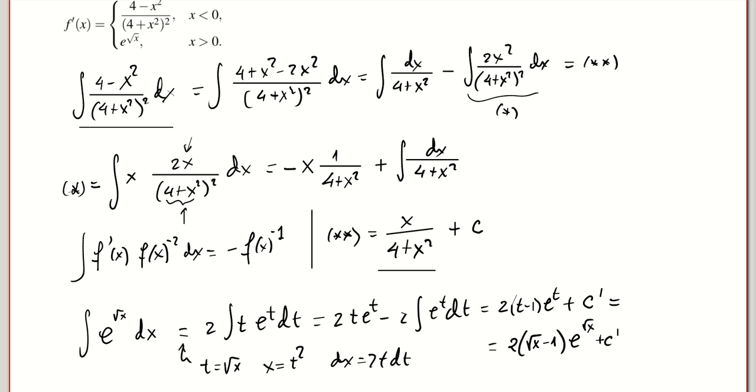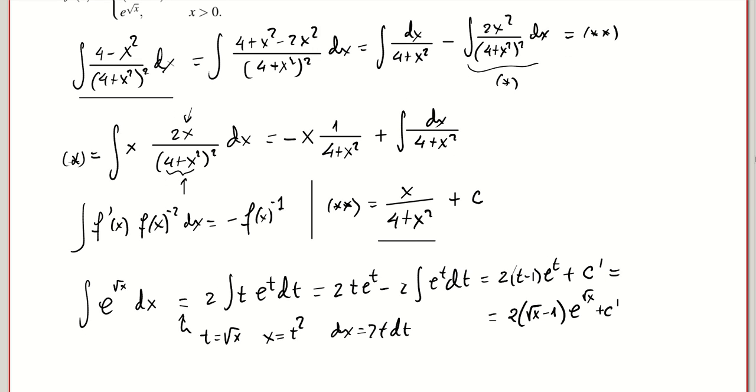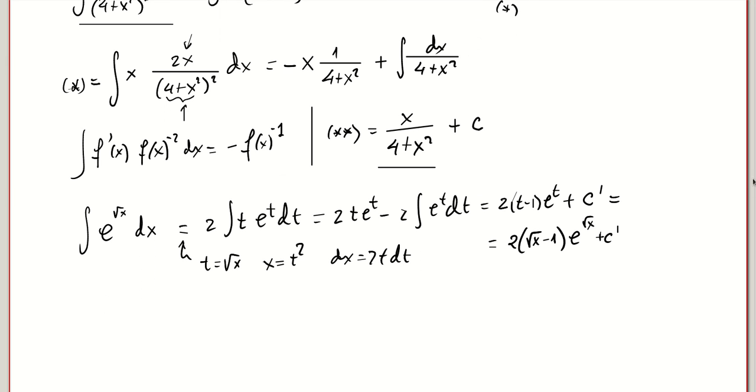Now, we want the primitive to be continuous. So that means that the limit of this function when x goes to 0 on the left is going to be the same as the limit of this one when x goes to 0 on the right. Well, the limit of this when x goes to 0 on the left is 0 plus c, of course, which is just c.